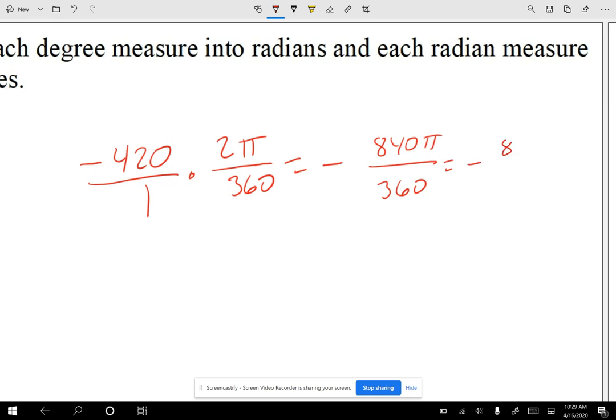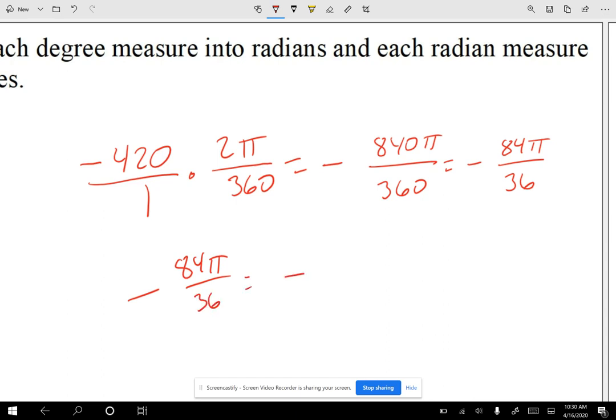So I have negative 84 pi over 36. Then I'm thinking, all right, what can I divide 84 and 36 by? What if I divide each by 4? So let me write down what I have here. Negative 84 pi over 36.